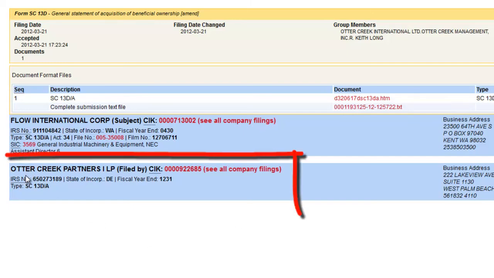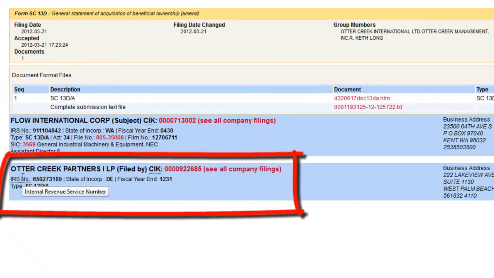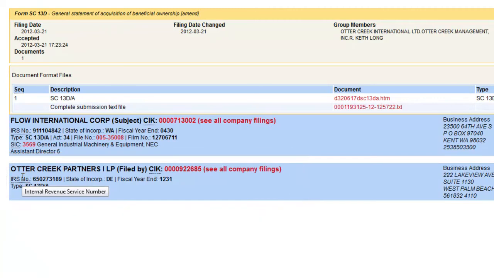I can see it right here. A lot of times I want to find out who they are and what their investing philosophy is. Because if I'm a value investor and I'm looking at this company and they are also value investors, then they might also be seeing what I'm seeing.